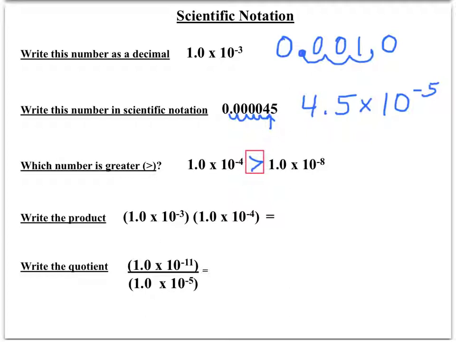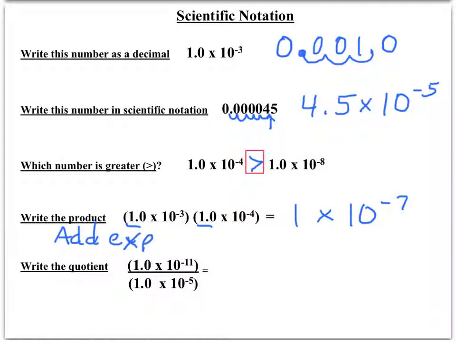When we multiply these scientific notation expressions, the digits multiply to each other. 1 times 1 is 1. The exponents add. So that negative 3 plus negative 4 would equal negative 7.